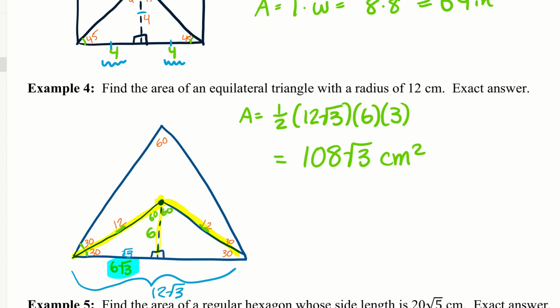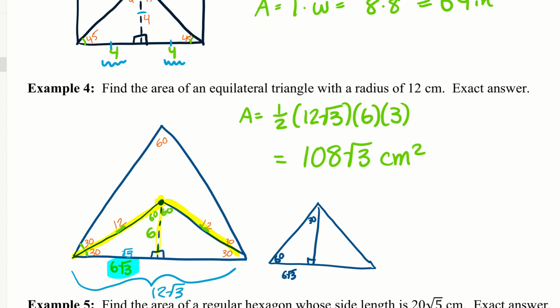Now, once I knew that this was 6 root 3, I could have found the height of my triangle by drawing another altitude going from the very top vertex, knowing that this angle is 60 degrees and this is 30, and then this is 6 root 3. So that would mean that I have a scale factor of 6 root 3.